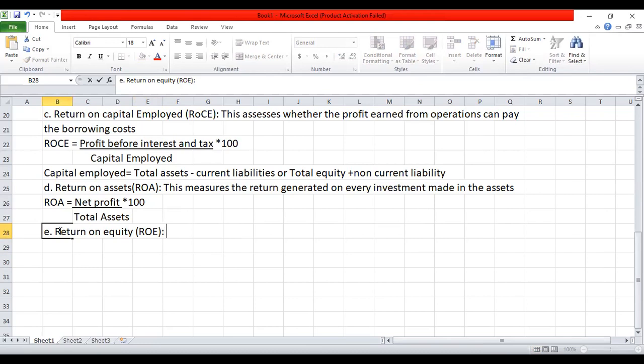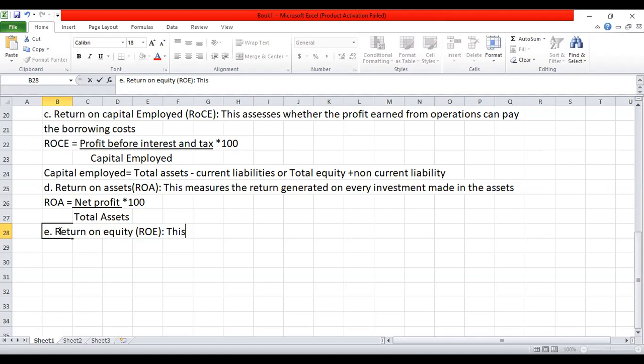The return on equity just shows how much return you earn on equity investment. So this ratio is also used to assess whether the management are managing the organization well or not by looking at the return they are generating on the shareholders' equity funds.